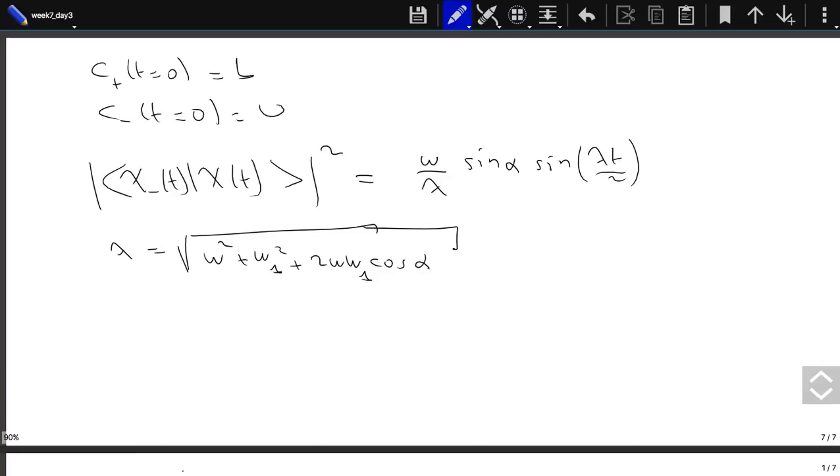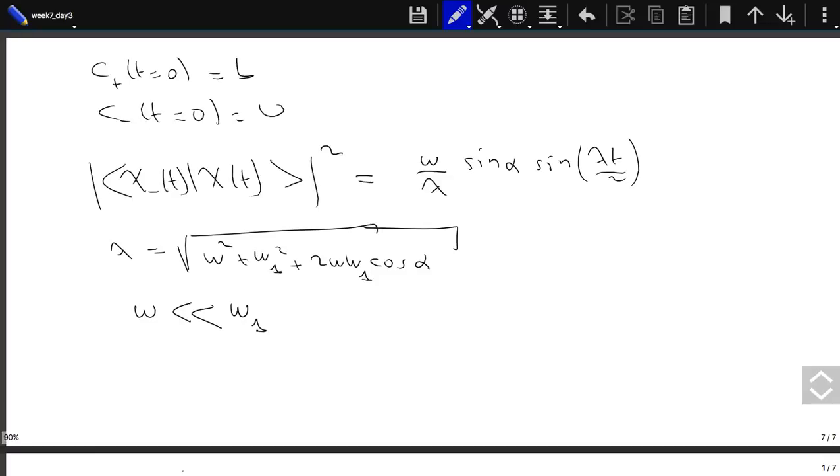But the adiabatic theorem is valid only if the precession frequency, which is omega, is small. Small meaning much less than the characteristic frequency of this problem, which is omega 1, the energy level spacing.